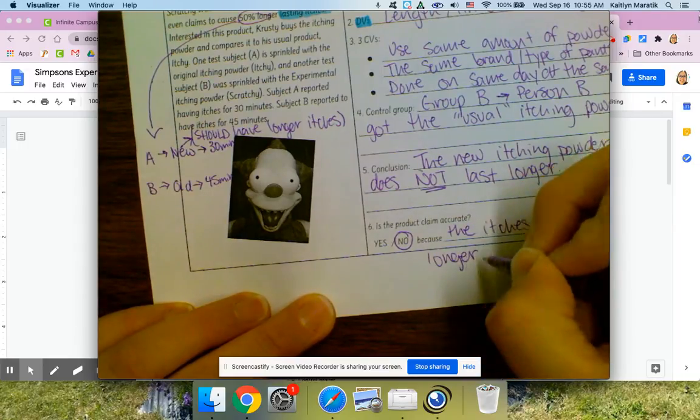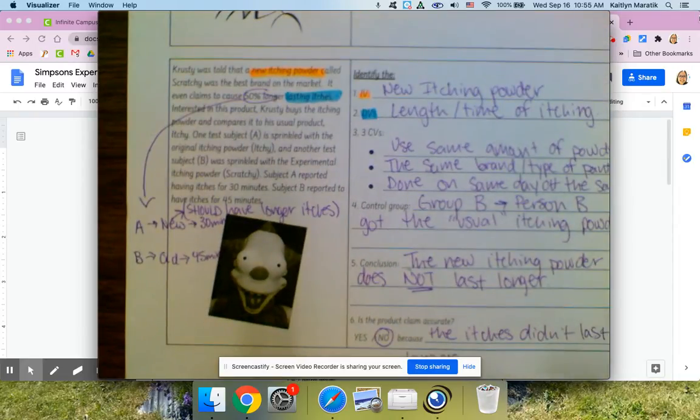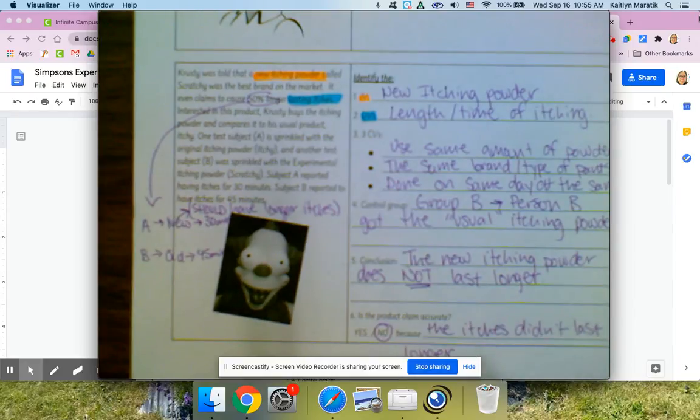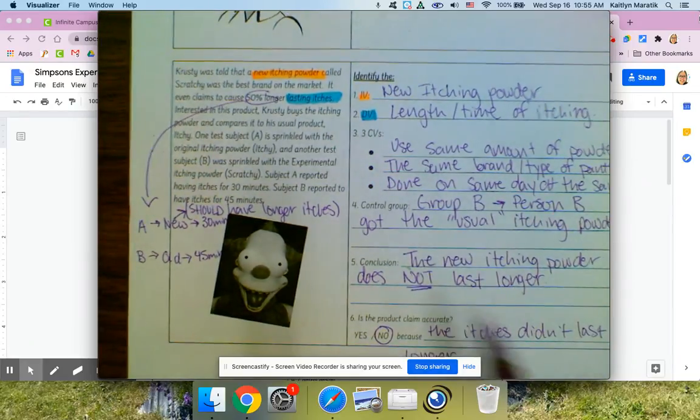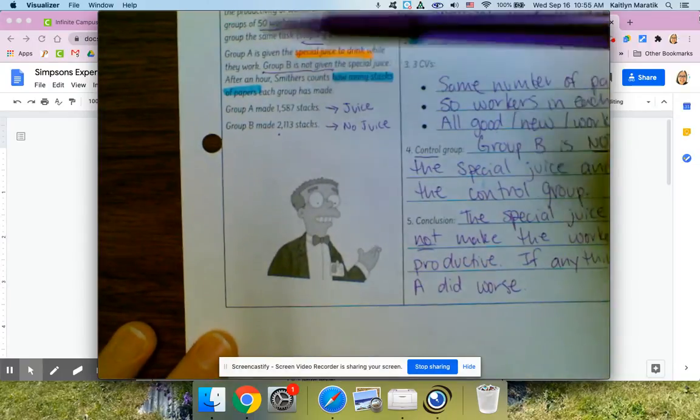Something I would also bring up in this, Krusty used one person for each of these tests, and it was a different person. Would that really be a fair test? Probably not. When we had Smithers, he had 50 in each group.